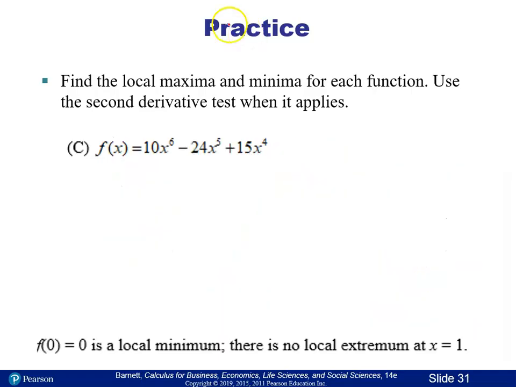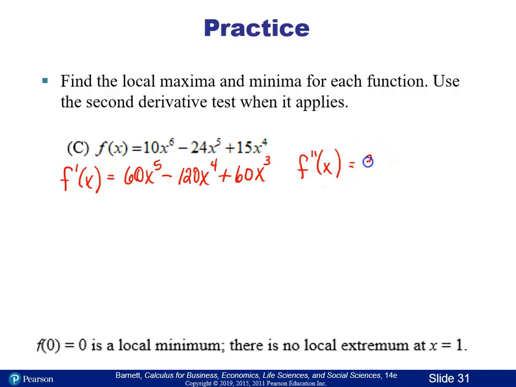Okay, so the last example here, we want to use this one. So we'll take our first derivative. That's going to be 60x to the 5th minus 120x to the 4th plus 60x to the 3rd. And our second derivative is going to be 300x to the 4th minus 480x to the 3rd plus 180x squared.